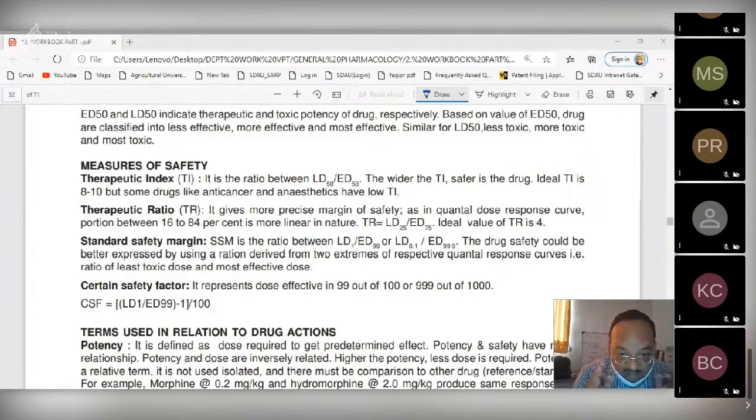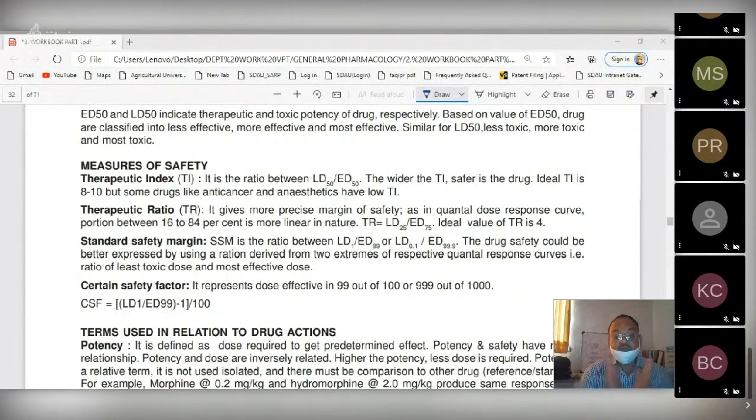So LD1 divided by ED99 means the dose which produces mortality in only one animal, or 1% mortality, to the dose which produces the beneficial therapeutic effect in 99%. The ratio of this quantity of the dose is known as standard safety margin.